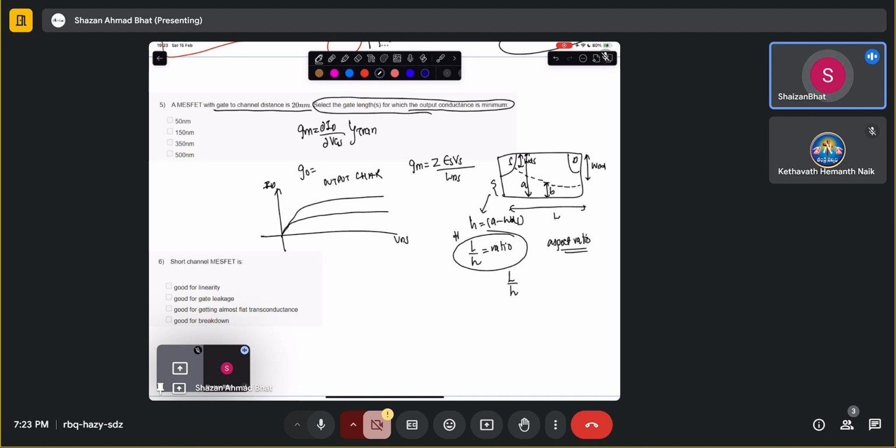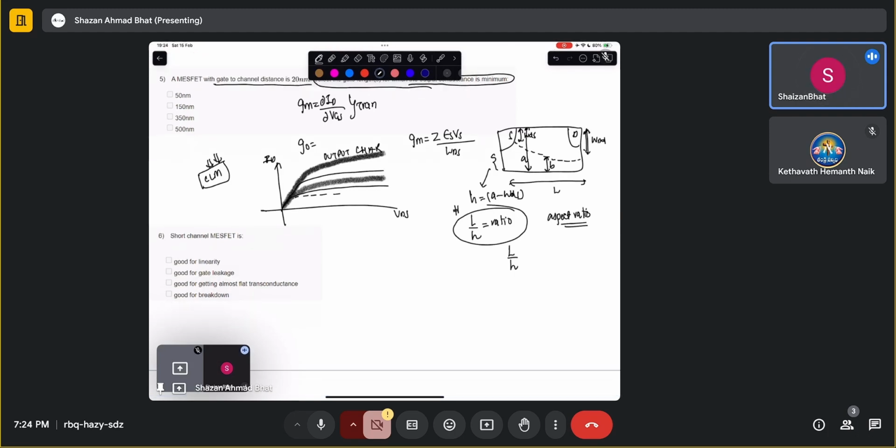This is what should happen. But what actually happens is that you have something like a slope. This happens because of something called channel length modulation. Let's not talk about it. Basically, the drain voltage starts to control the channel, which should not happen. The gate should only control the channel. That is good. But if the drain also starts to control the channel, then it starts to modulate it. That's called channel length modulation.